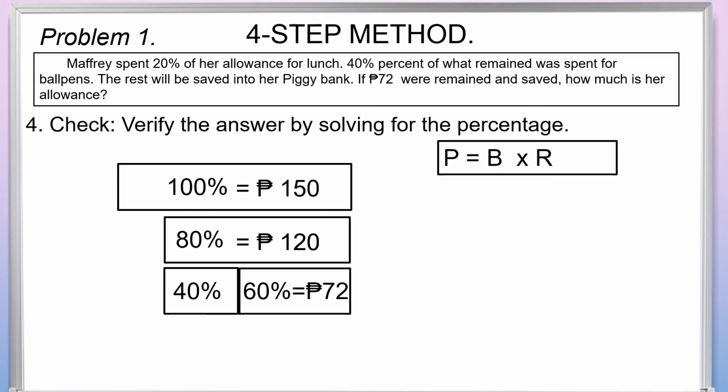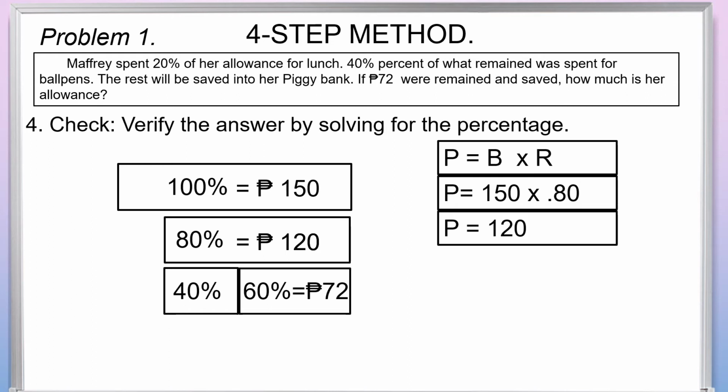Let's use the formula P equals B times R. Changing them to mathematical symbols, we have 150 as the base and 80% as the rate. 80% when changed to decimal number equals 80 hundredths. Multiplying the two numbers, we have 120. So what we have during checking and solving is equal.